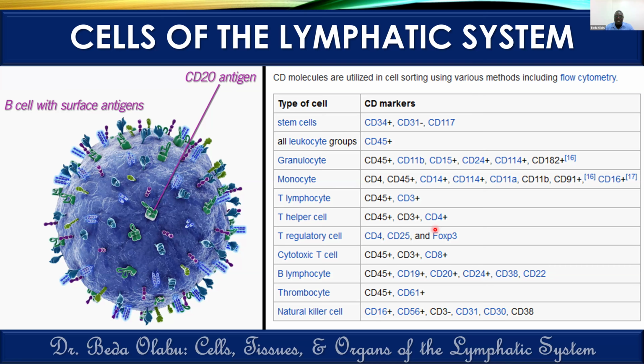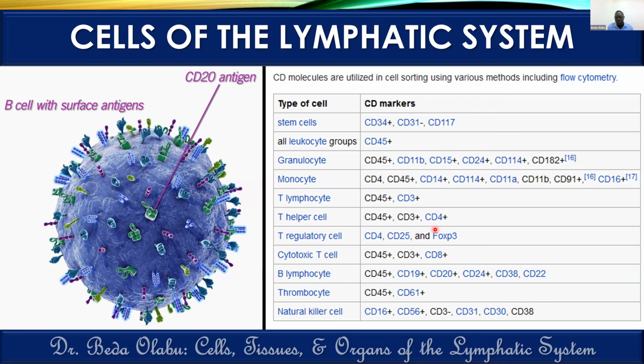These white blood cells express particular types of antigens on their surface. We can use the type of antigens expressed on the surface of white blood cells to know them. And so commonly there are some particular antigens that will be unique for particular cells.